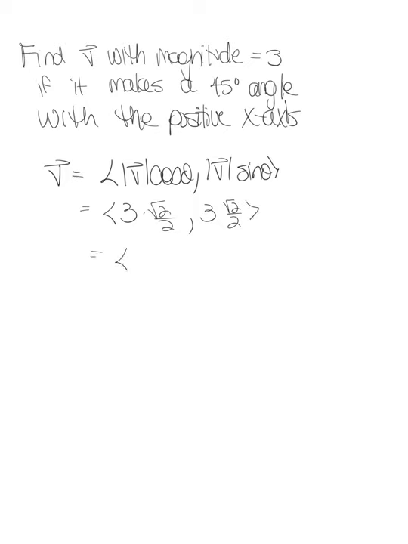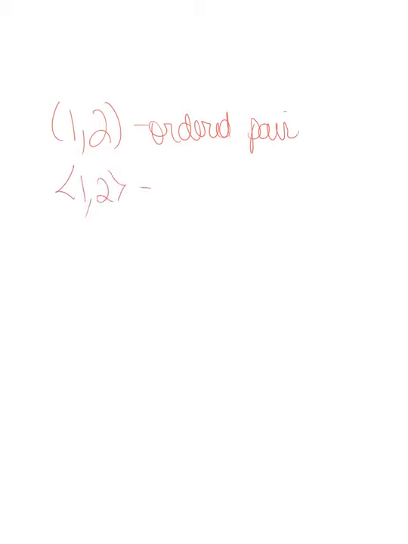So we simply get the vector having components 3 square root of 2 over 2, 3 square root of 2 over 2. On this last page, if I write something like this, I am talking about an ordered pair. If I write this way, I am talking about a vector in component form.